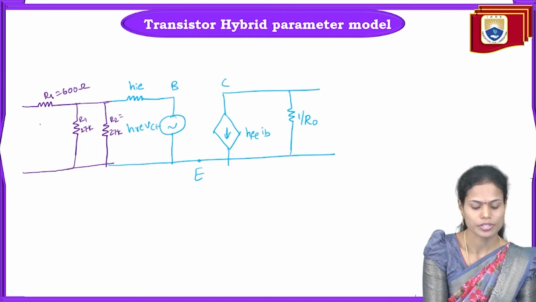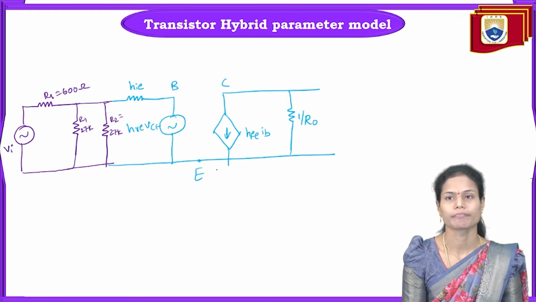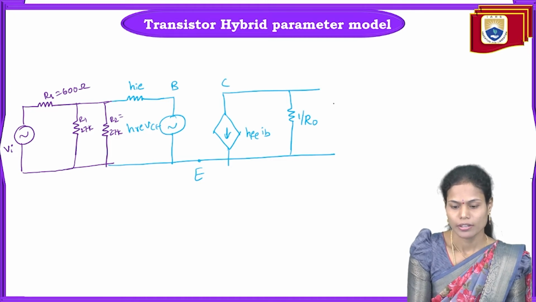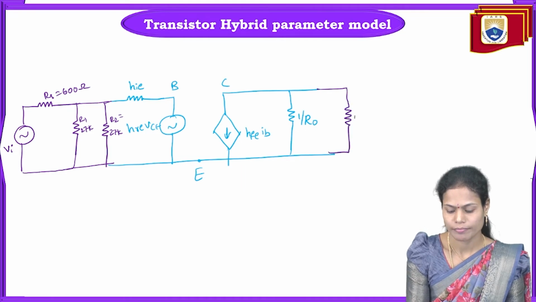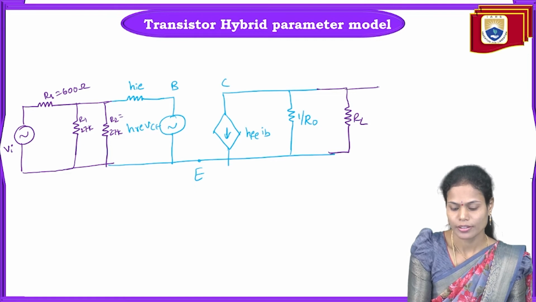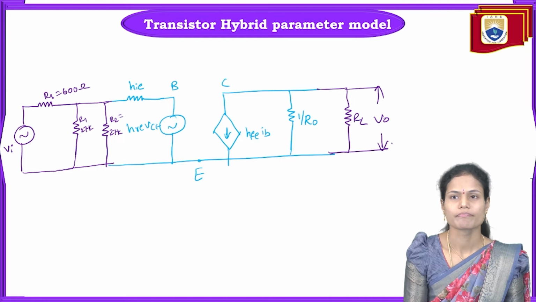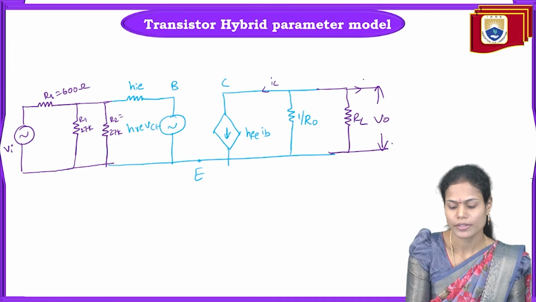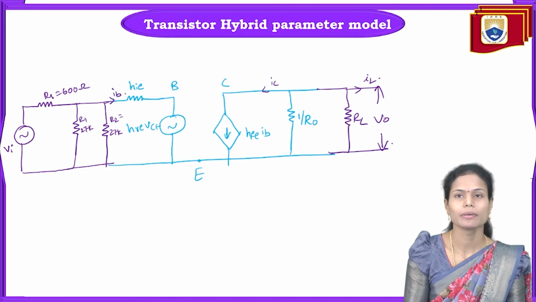Through this source resistance, we are providing the input signal Vi to this amplifier. Across the input side, we have these particular elements, and across the output side, we have only the load resistance RL. Here we will measure the output signal across the load resistance RL. Here the collector current will be flowing, and through this RL the load current will be flowing, and across the input side the base current will be flowing.